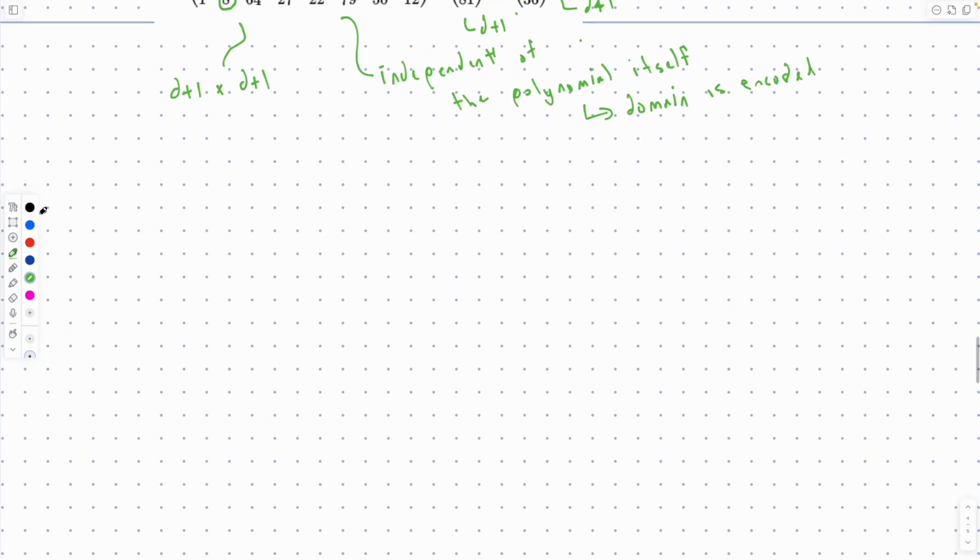Okay. Now I want to do the opposite. I have a set of points, and I want to turn them into the coefficients. Okay, so we call this interpolation.